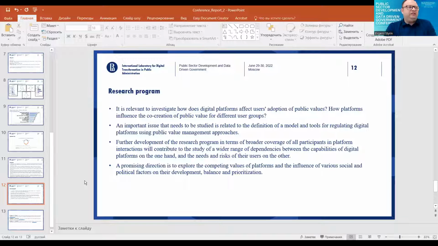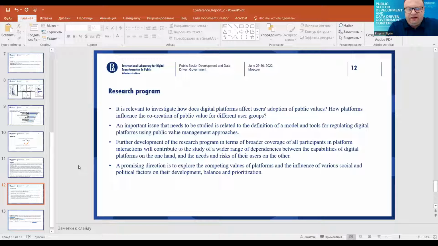That's why in this project we researched platforms in different countries and addressed different groups of citizens. With this, I want to finish and say that this is one of the directions of the lab within digital platforms. Just to finalize, we also think about economic transactions on the platforms.